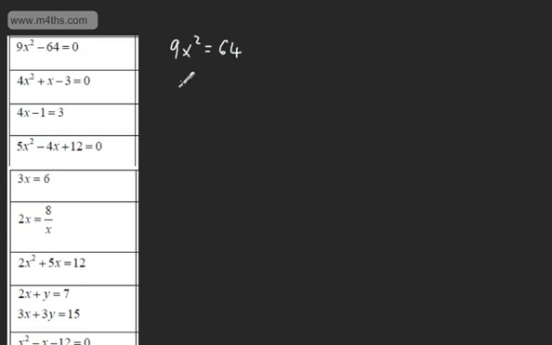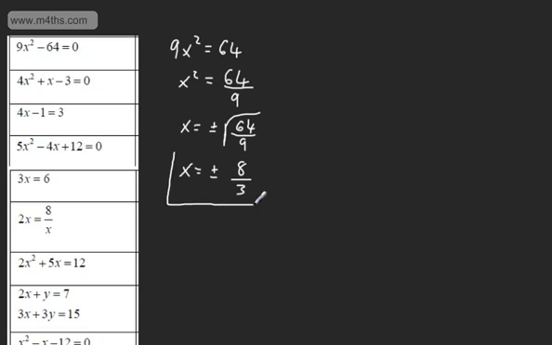Dividing both sides by 9, x squared is going to be equal to 64 over 9. And then we would square root both sides, and x would be equal to plus or minus the square root of 64 over 9. So x would be equal to plus or minus the square root of 64 is 8, the square root of 9 is 3.